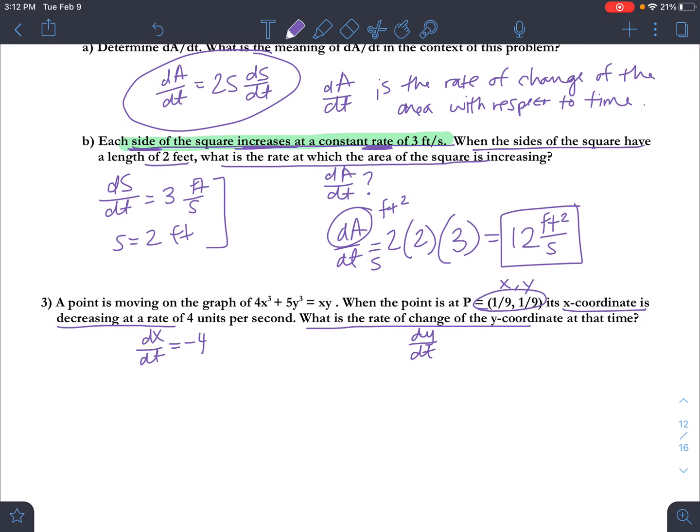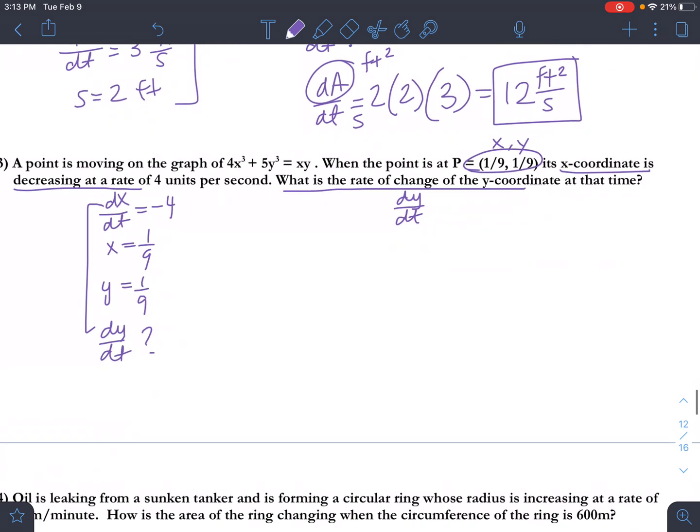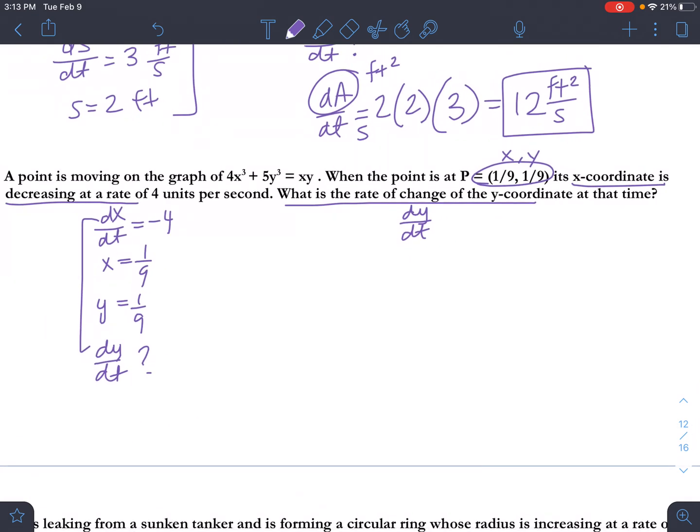So again, if you want to write down what we have: dx/dt is -4, x is 1/9, y is 1/9, and we don't know what dy/dt is. So that's what we're going to be solving for. There is my equation, so I don't have to come up with one at all. I'm just going to be using it, and I'm going to derive implicitly here. Everything with respect to t.